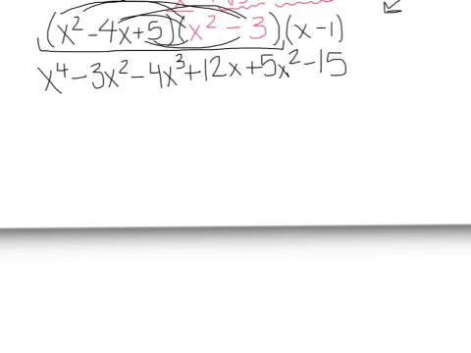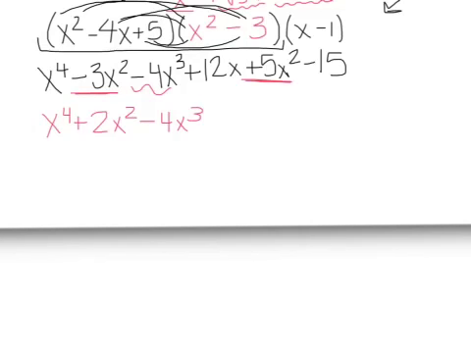Let's see if we can combine anything to make this simpler. Well, x to the fourth is all by itself, so we'll put that there. Then we have a minus 3x squared plus 5x squared. So that's a 2x squared. We have a minus 4x to the third all alone, so minus 4x to the third. Order doesn't really matter yet.